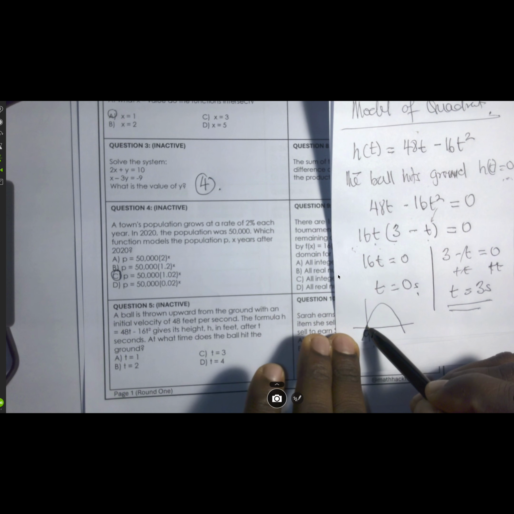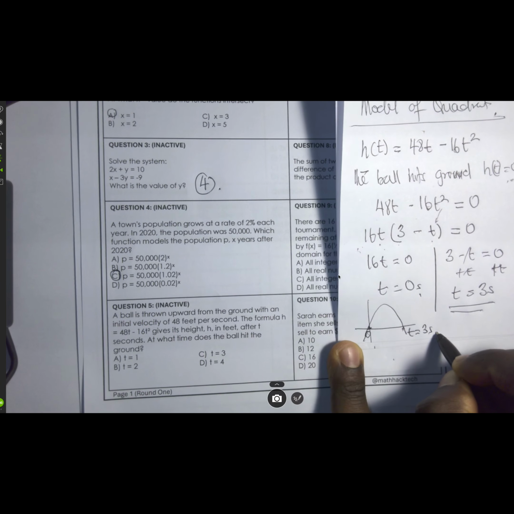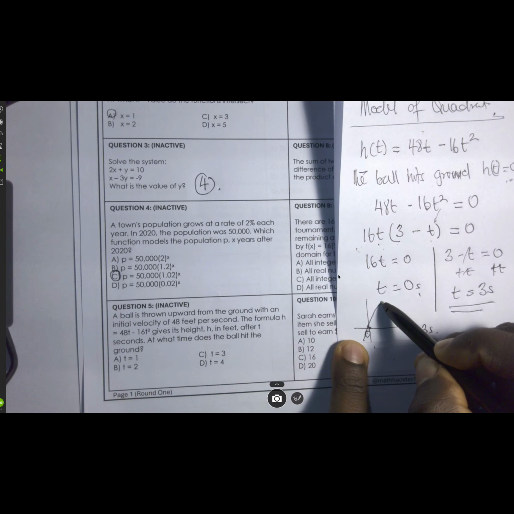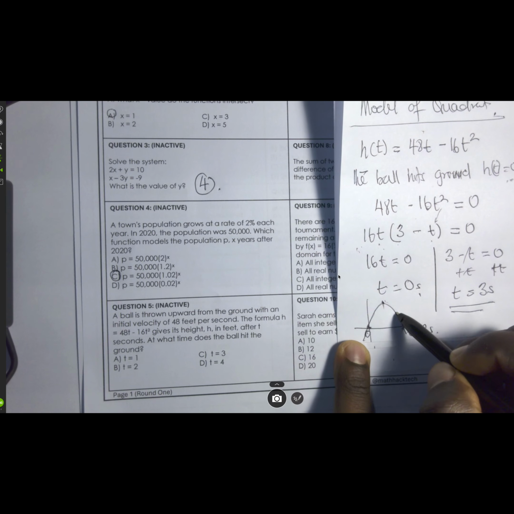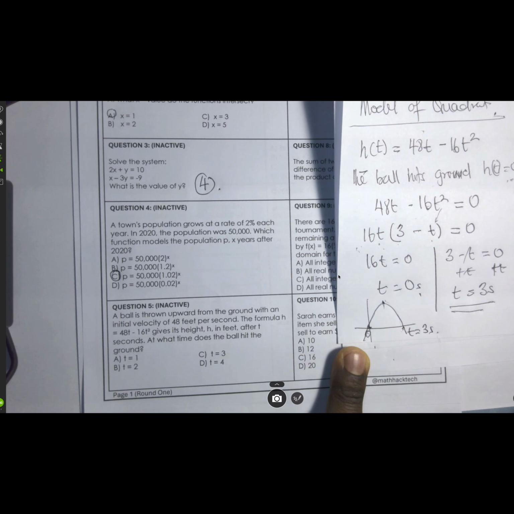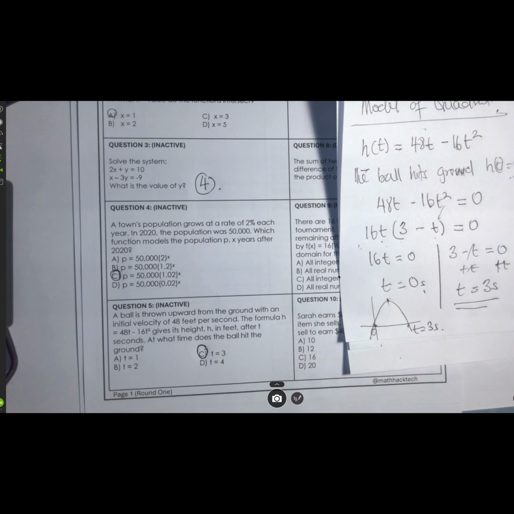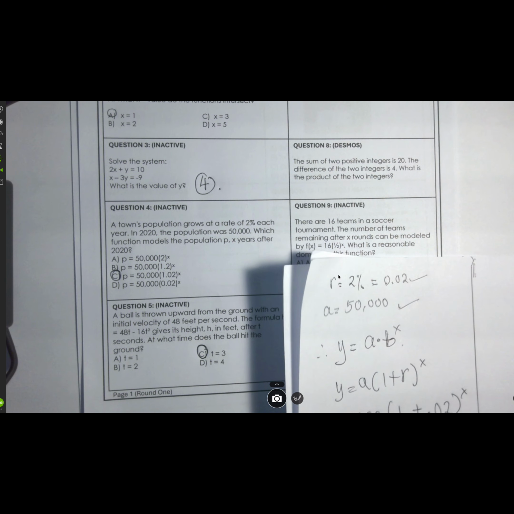At t equals 0, the ball is on the ground, and at t equals 3 seconds, the ball is also on the ground, which means it takes 1.5 seconds to get to the maximum in mid-air, and 1.5 to get back to the ground. So this also shows that this answer is C. All right. I believe you are able to follow these questions.